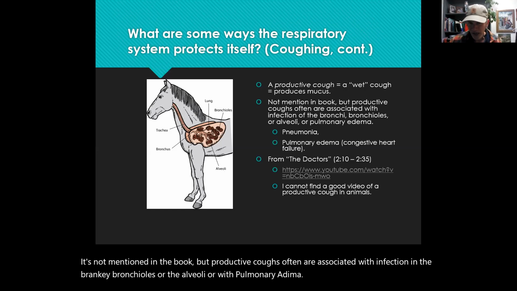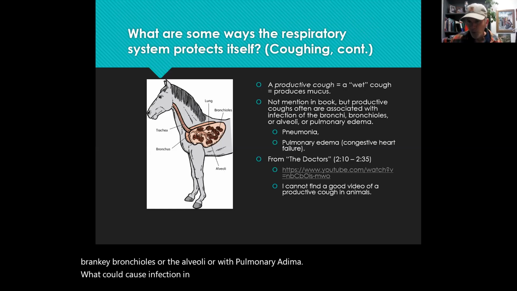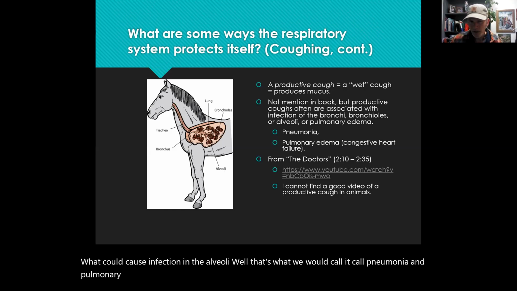What could cause infection in the alveoli? Well, that's what we would call pneumonia. And pulmonary edema can be caused by different things, but the most common thing would be congestive heart failure, causing fluid.